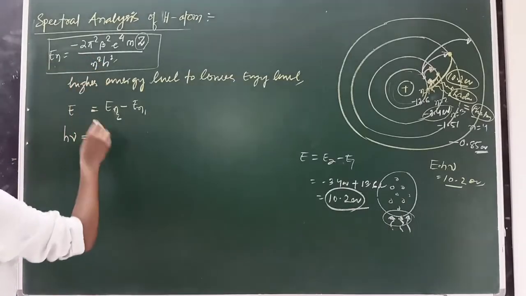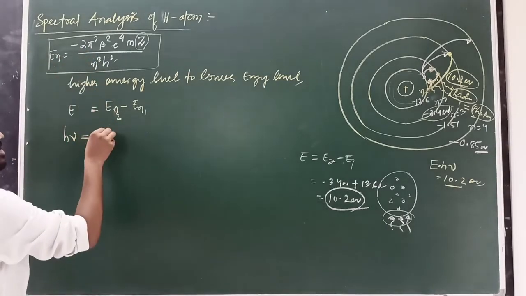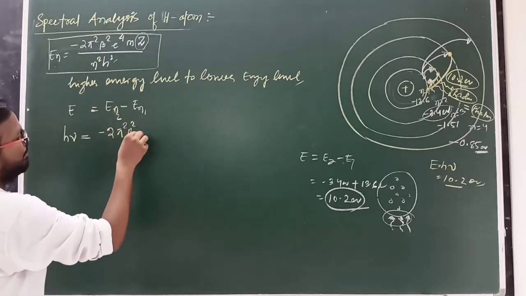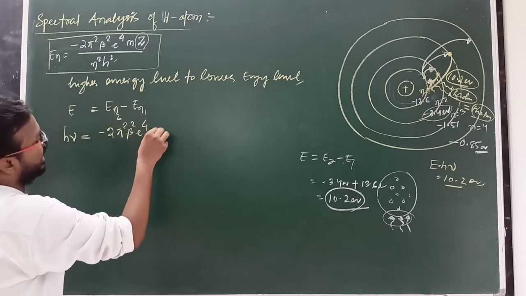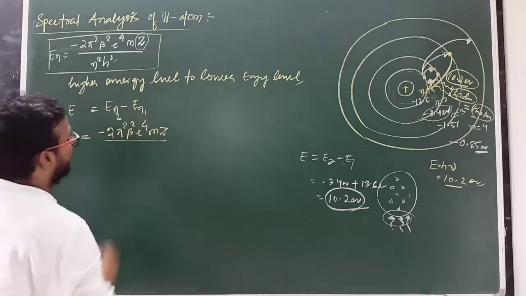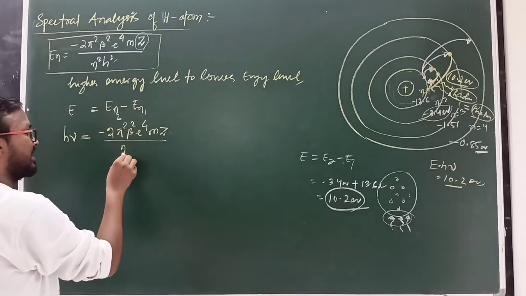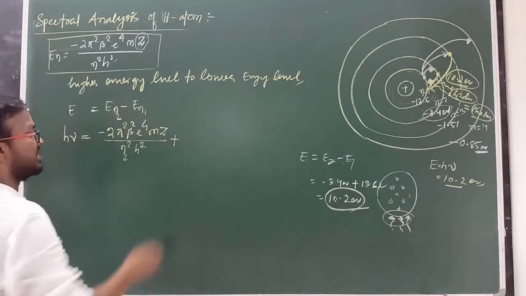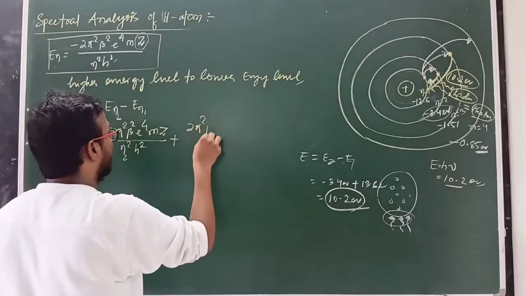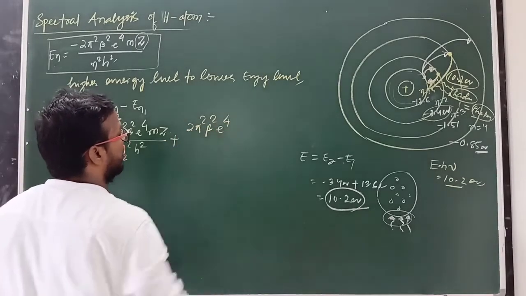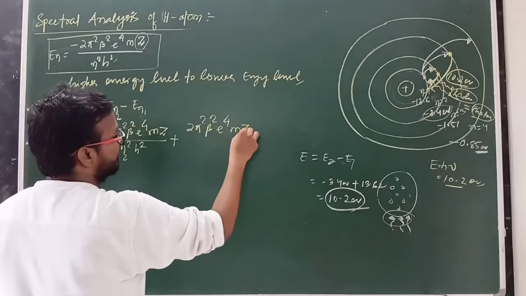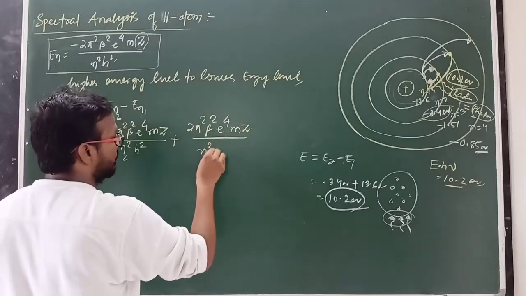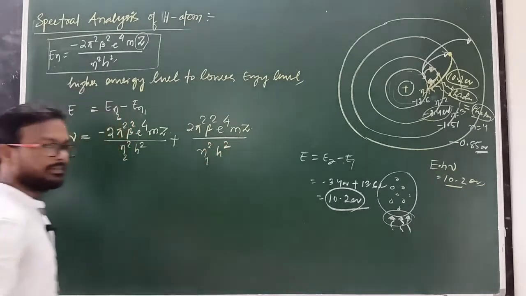So I am writing here En2 as minus 2 pi square beta square e to the power 4 m z divided by n2 square h square, minus of minus, so plus 2 pi square beta square e to the power 4 m z divided by n1 square h square.